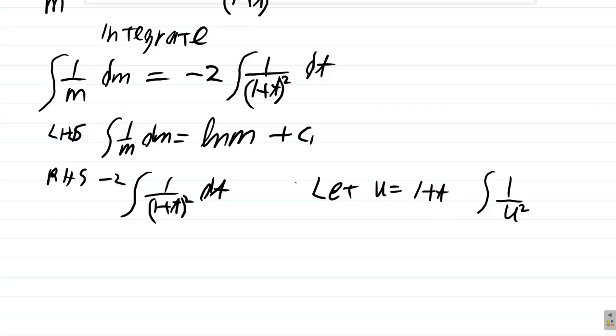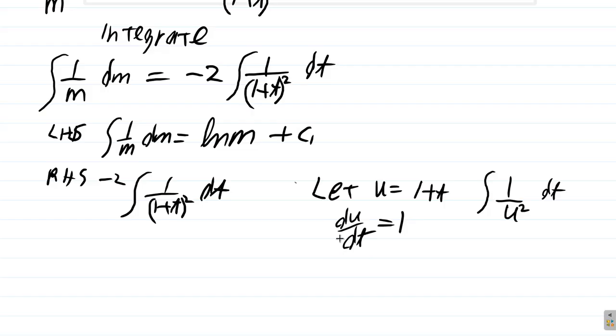So therefore, if you are finding the integral of 1 over u squared. Alright? So here you have dt. You want du, integral of a function of u du. So you'll find du by dt is equal to, when you differentiate this, what you get is 1.